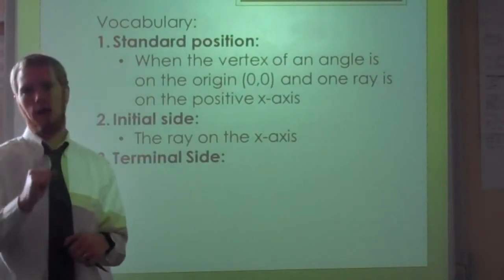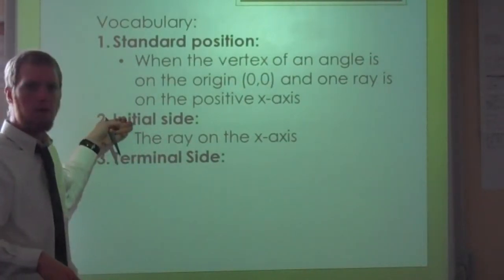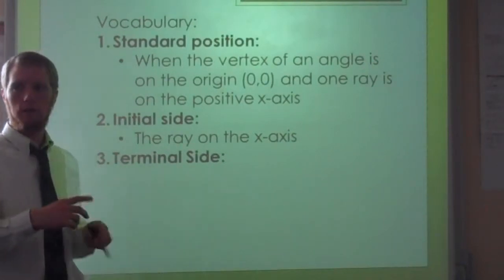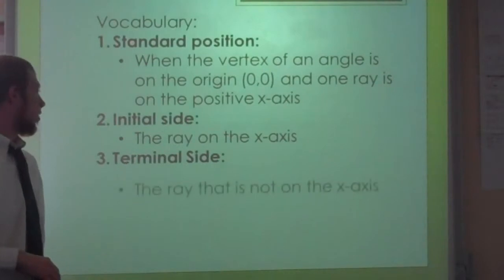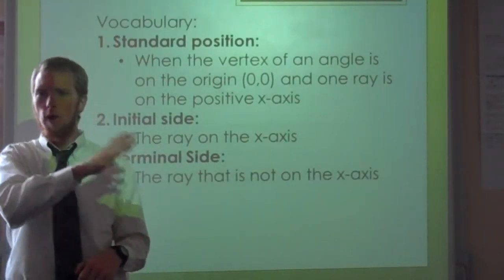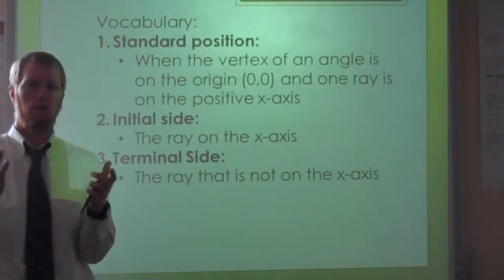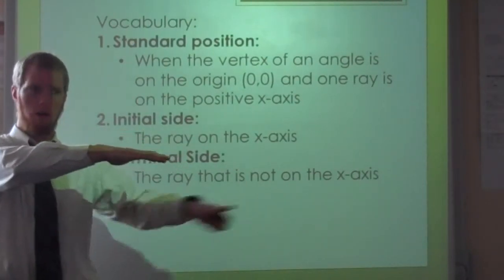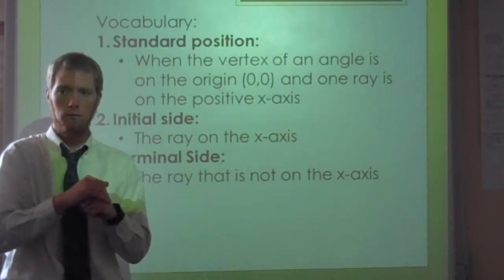The terminal side. If we have two sides in an angle, we have the initial side, and the terminal side, well, that can change. That is the ray that's not on the x-axis. So we don't know where it is. We just know that it's not on the x-axis. So we have the initial side, which starts at the origin and goes along the positive x-axis.